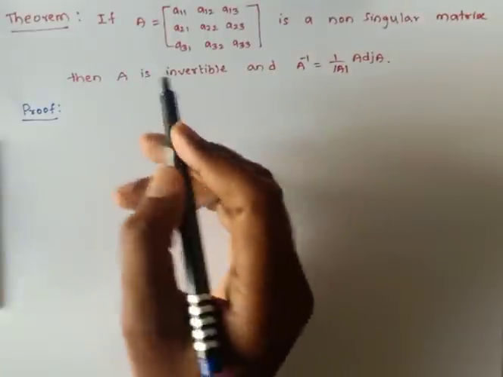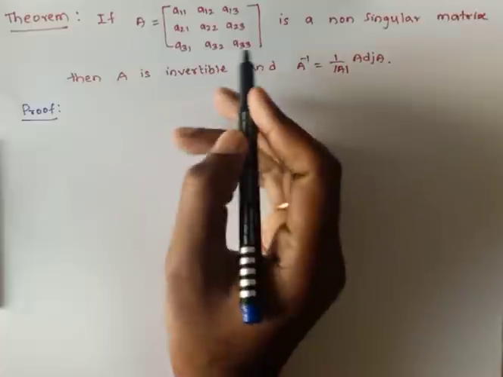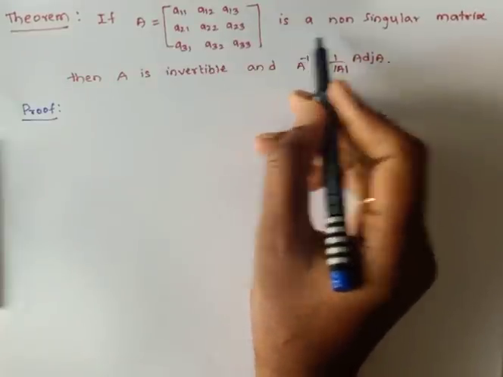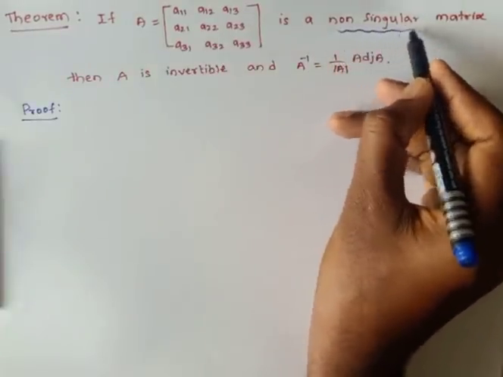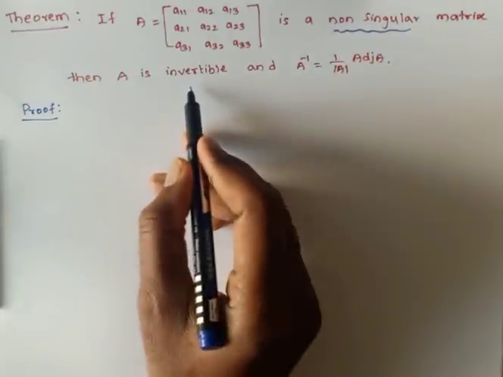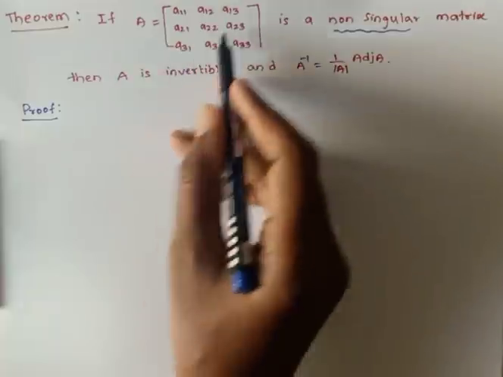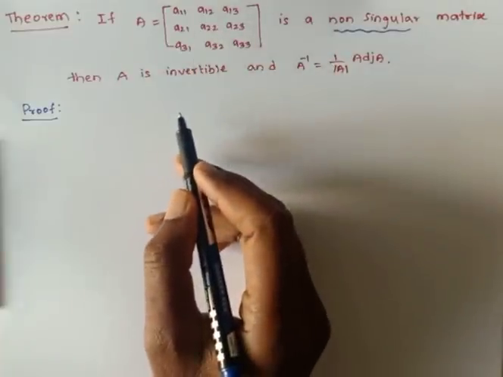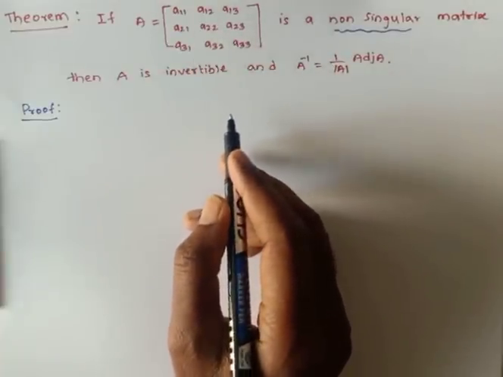See one theorem. If A is a 3 by 3 matrix and it is given to be non-singular, then obviously A is invertible since it is a non-singular matrix. Non-singular means determinant of A is not equal to 0.